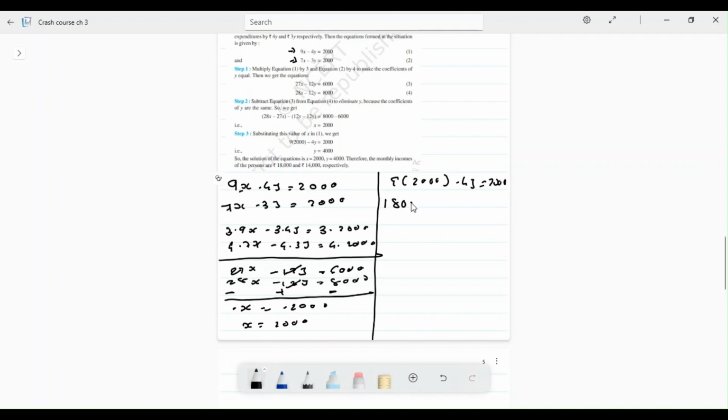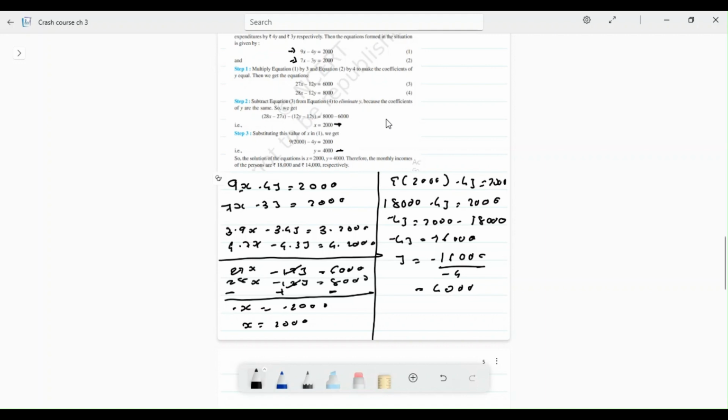So 18,000 minus 4y is equal to 2000. So minus 4y is equal to 2000 minus 18,000. So minus 4y is equal to minus 16,000. y is equal to minus 16,000 divided by minus 4, which is nothing but 4,000. So the value of y is 4000 and the value of x is 2000.